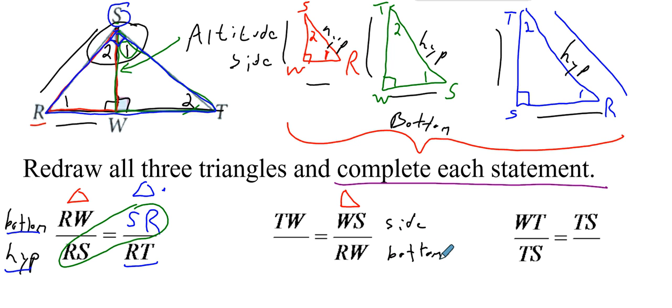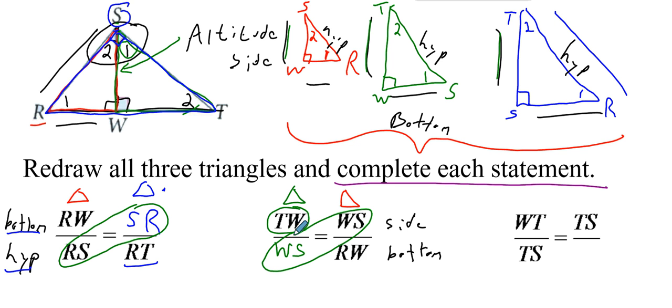To complete this, I ask which triangle has the side TW. That is our green triangle. What is the bottom length of that triangle? That's WS. Again, notice we have our geometric mean here because WS is WS.